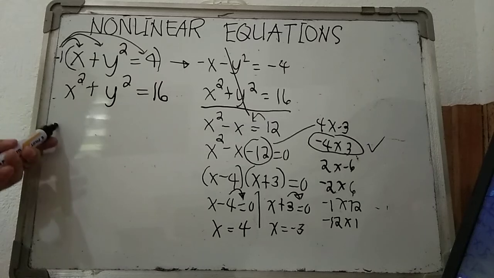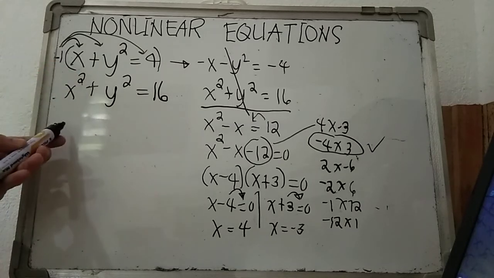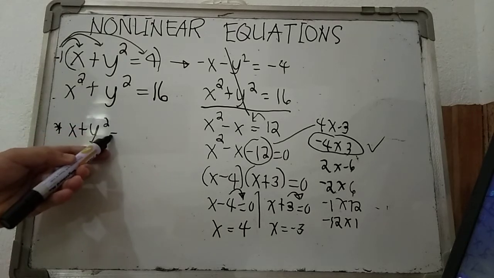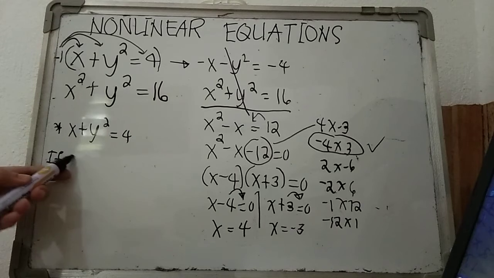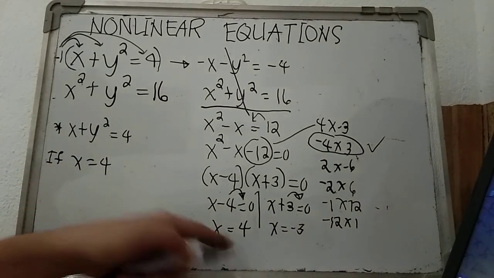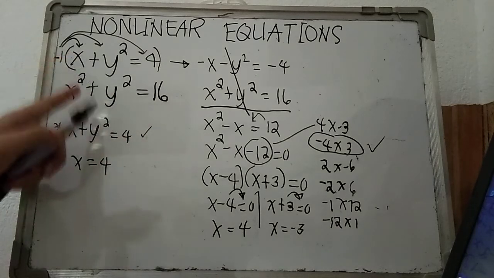Assuming we use the first equation, which is x plus y squared is equal to 4.